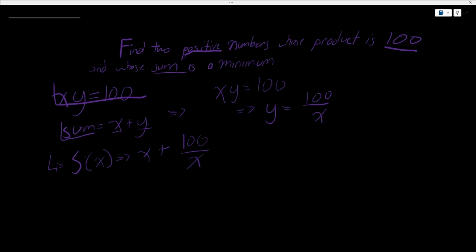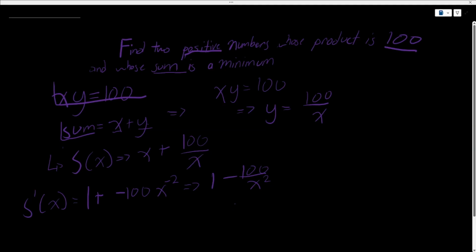Now that we have a function that we can differentiate, let's begin doing so. S prime of x is going to be equal to 1 plus negative 100 x to the negative 2. Or we'll just rewrite that to make it easier to understand.